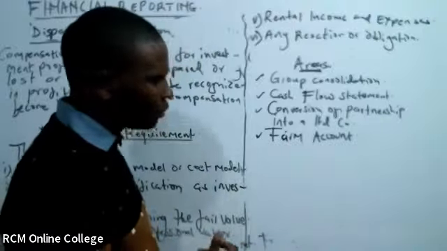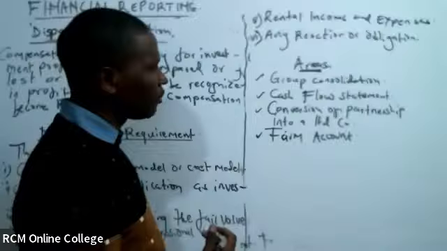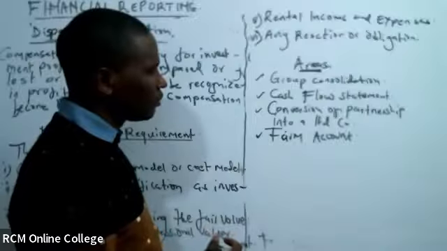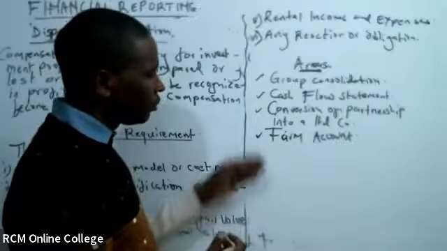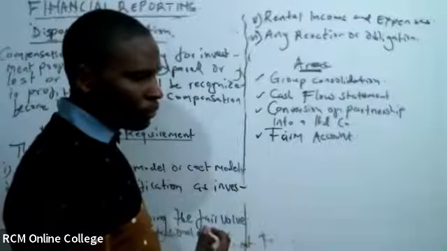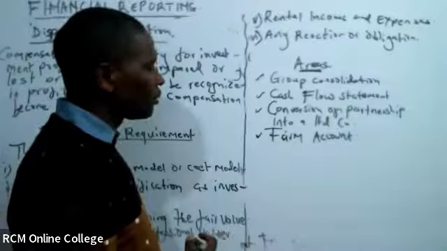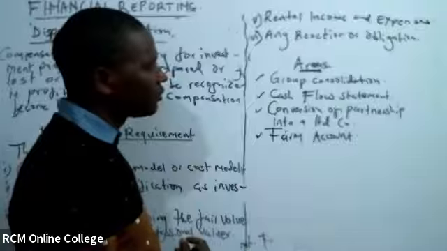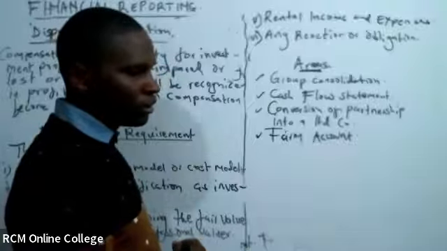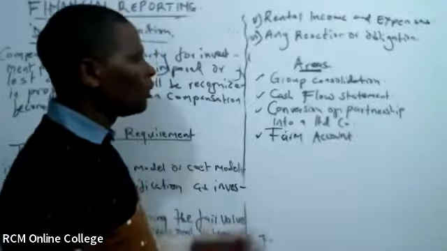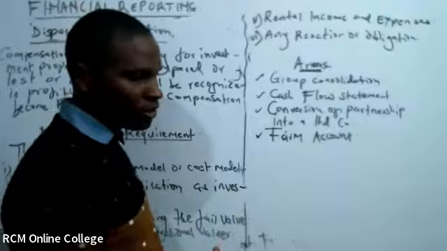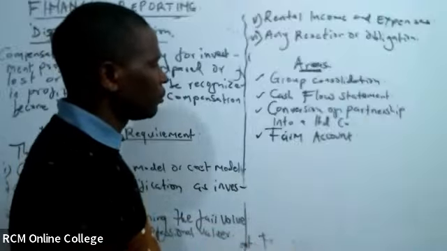Yeah, farm accounts. This one, we shall remind ourselves. So make sure that you're also looking at what we have done, because revision is just to make it be at the top of our mind, to remind ourselves.